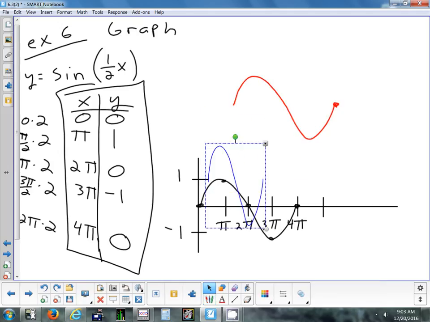There we go. All right, so the original would look kind of like that. It's not perfect, but it should have the same heights, but it would go from 0 to 2 pi. Okay, and the black one is the new one. Okay, so it's stretched out. Any questions on that?